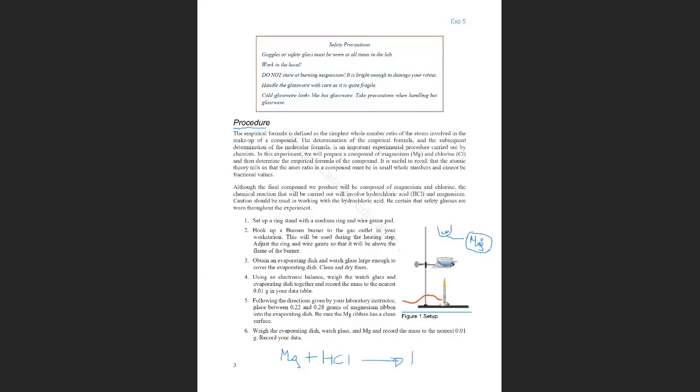And you are going to obtain a compound that you already know what it is. Let's write the correct formula, and hydrogen gas. This is the chemical reaction once you have the metal magnesium and you add the hydrochloric acid.